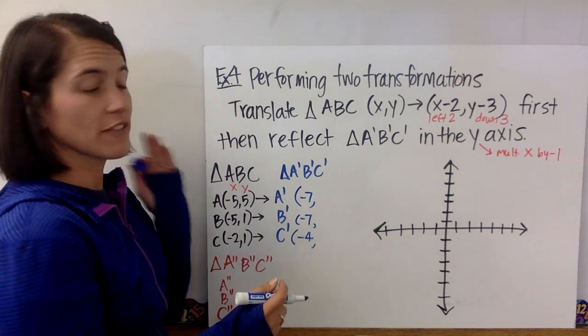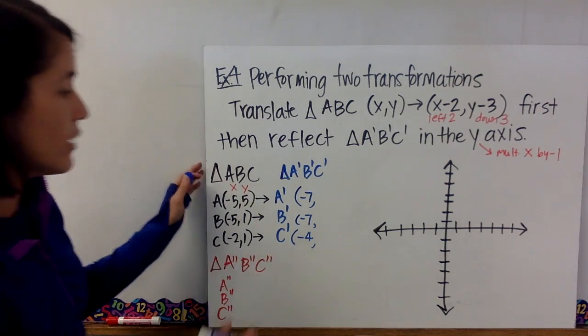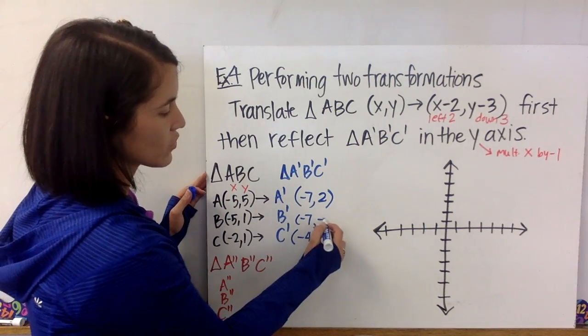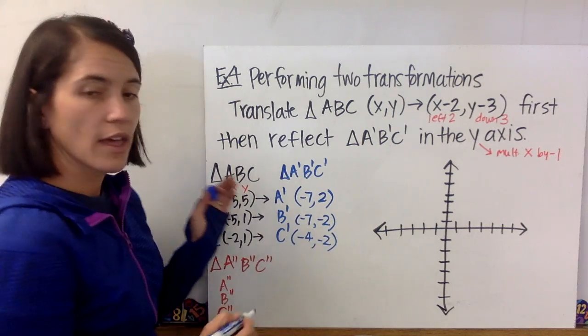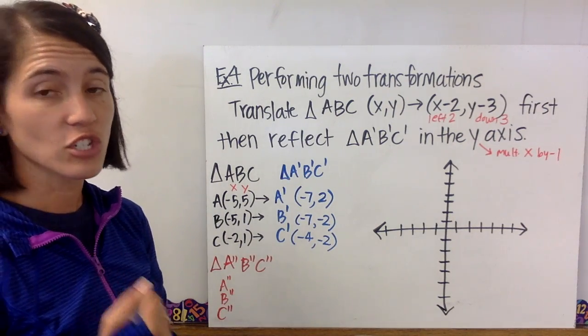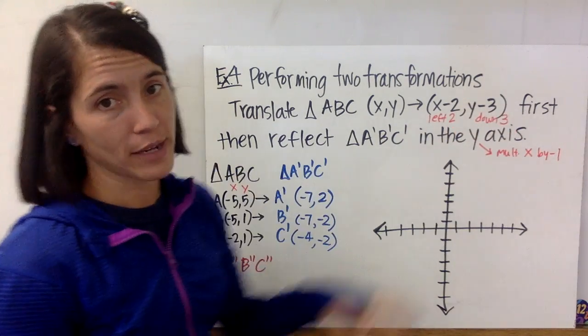That is left 2. Down 3 would be minus 3. So 5 minus 3 is 2. 1 minus 3 is negative 2. 1 minus 3 is negative 2. Those are my A prime, B prime, and C prime, and I just used my algebraic rule, minus 2, minus 3.